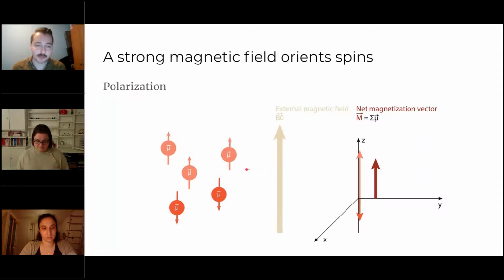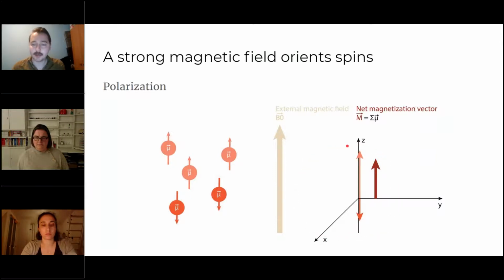Now, if there were an equal number of these guys, then we wouldn't get very much further, because of course our net magnetization would still be 0, because there would be an equal number of guys pointing in this direction and in this direction, which means that they would just cancel each other out again. Luckily, though, for various reasons that we won't go through, there will be a slightly larger number of little guys which are oriented in the high state.